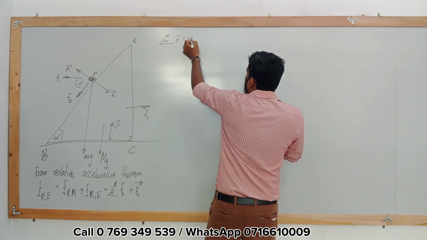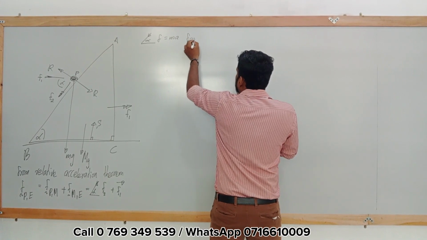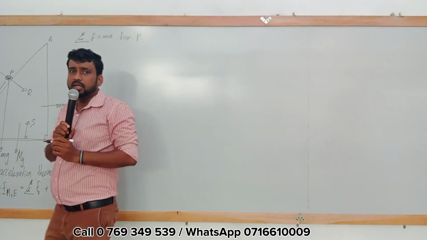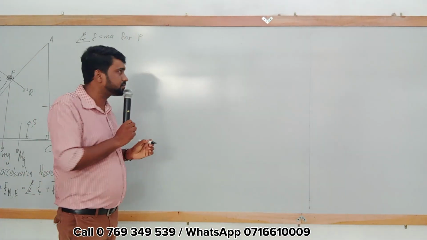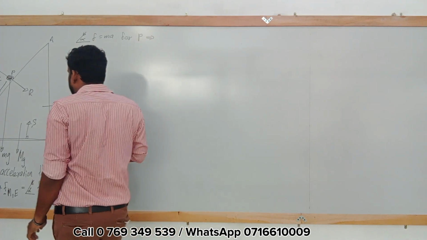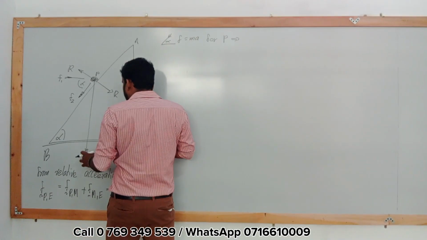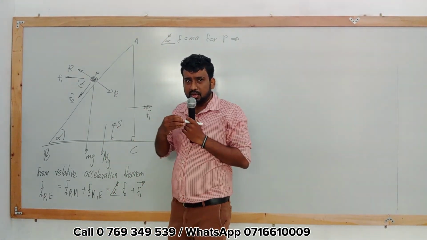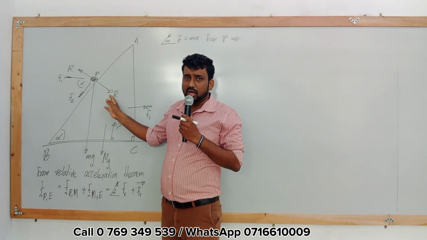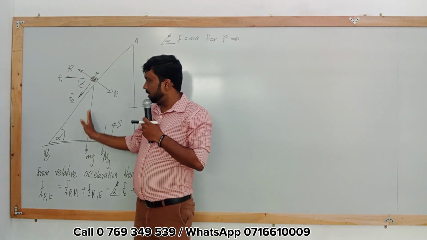F equal ma for particle P, right? What is that F? It comes from mg, right? Not from R, since that is perpendicular to R. Only from mg. What is the component?